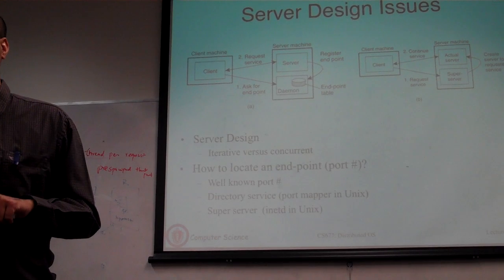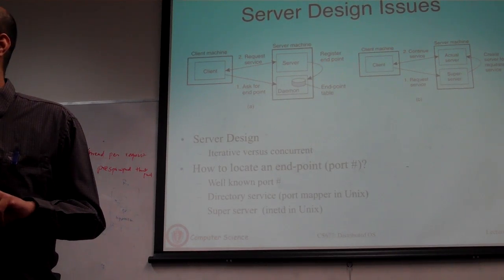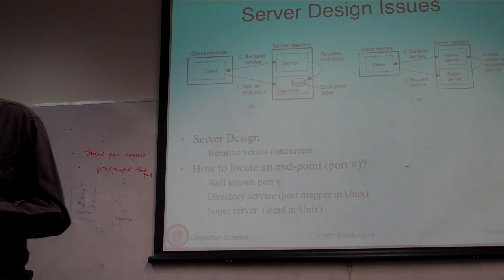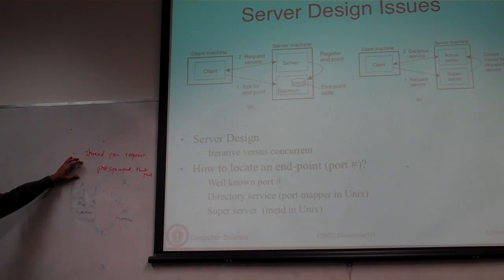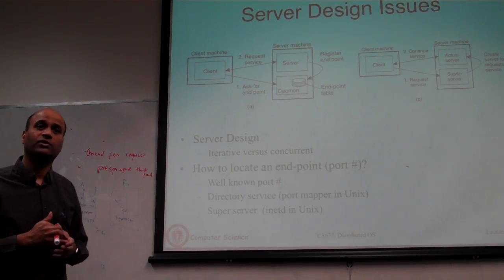The thread goes off, services the request, and once the request is done, the thread terminates. The same thing is done for every single request. In the second case, you have a pre-spawned pool of a certain number of threads. Requests come in, you try to find an idle thread in the pool, and then hand the request to it. What are some pros and cons of this approach?